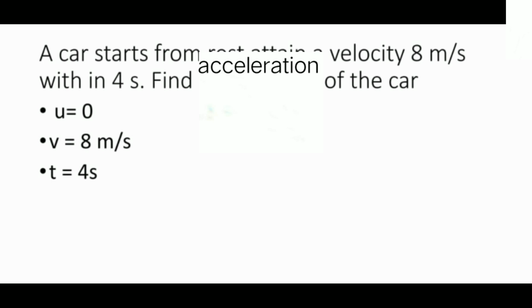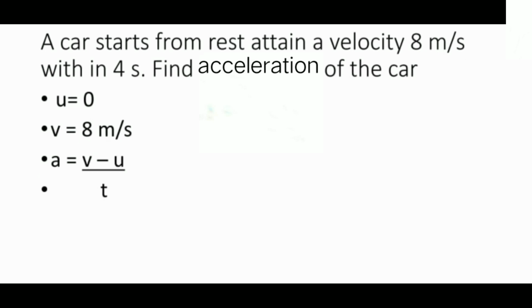Therefore, acceleration a equals v minus u divided by t. Here, a means acceleration, v means final velocity, u means initial velocity, t means time. Each value is given in our question. Then we put each value in this equation.